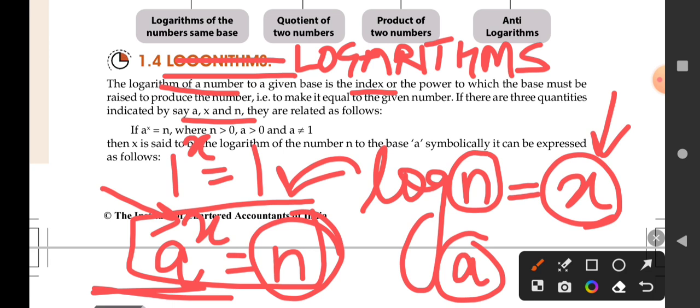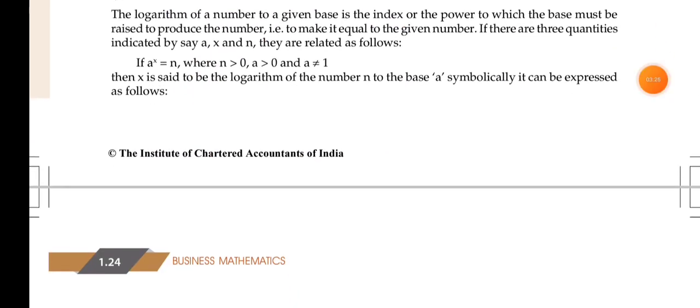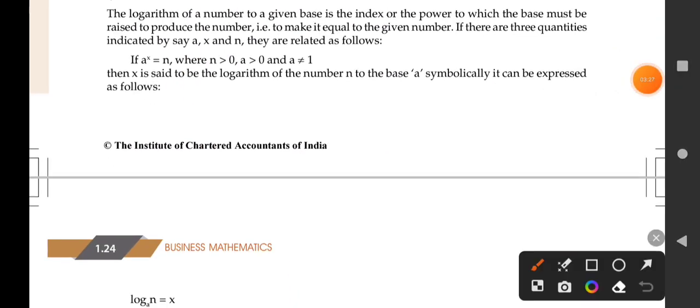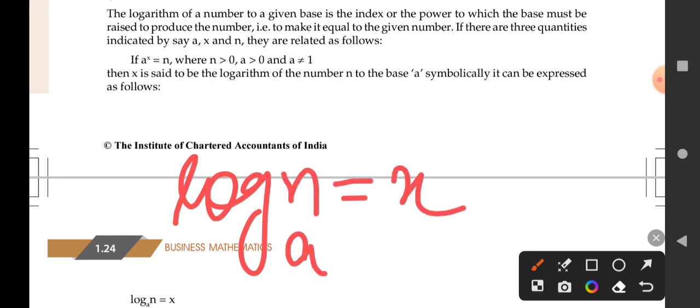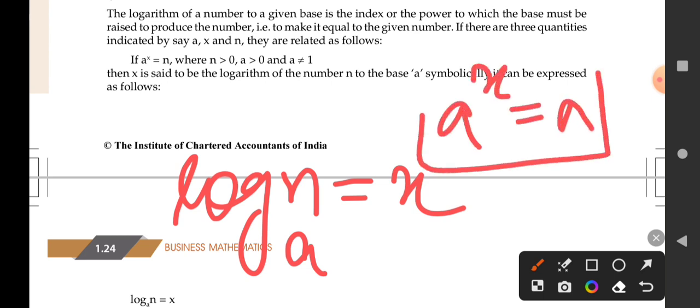Okay, let's move on. So whenever you are given logs, okay, log n to the base a is equals to x. So try to write it in this form: a power x is equals to n. You will be able to solve this with this form at times.